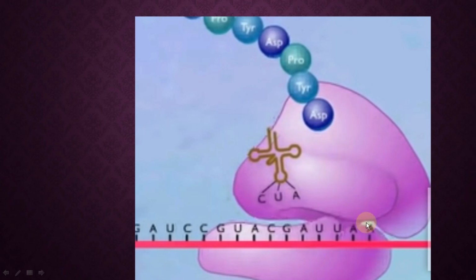As soon as the process of translation stops, both the units of ribosome, the smaller unit and the larger unit, get separated. And as soon as the ribosome gets separated, this mRNA's work is also over. It is released freely in the cytoplasm, and immediately after the completion of translation it gets degraded by the enzyme nuclease.